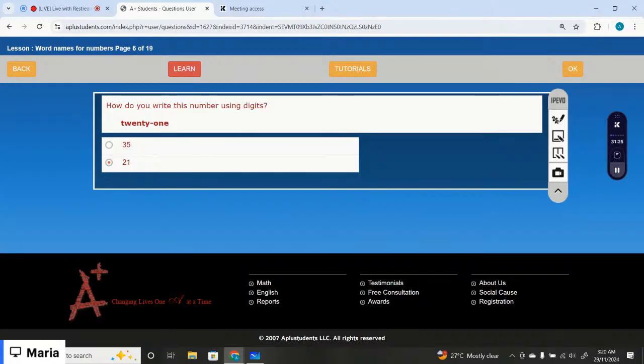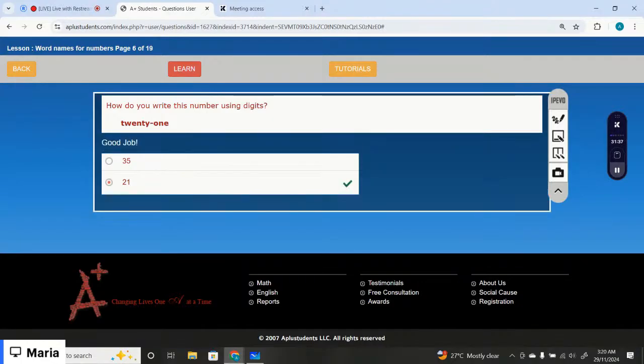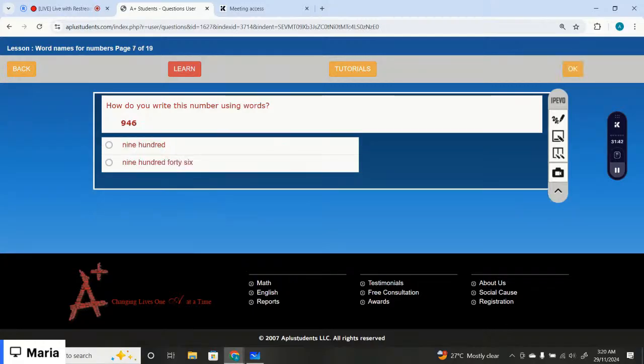The next one is, how do you write this number using words?